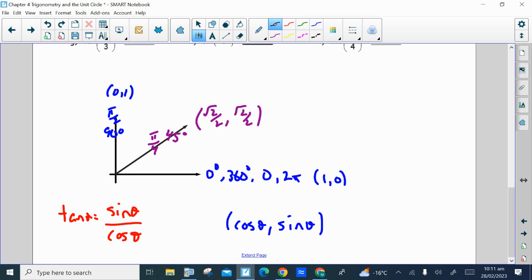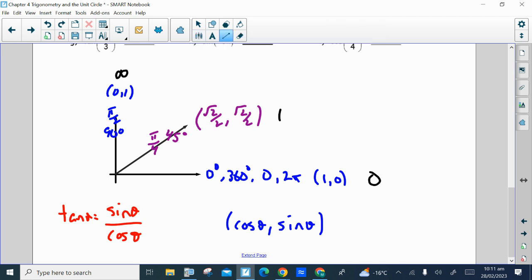So if we write the tangent in black at 0 degrees or 360 degrees or 0 radians or 2 pi radians, the tangent is sine over cos, 0 over 1, which is 0. At pi on 2 radians or 90 degrees, the tangent is 1 over 0, sine over cos, which doesn't exist, undefined. At 45 degrees or pi on 4 radians, because the cosine and the sine are the same values, when you divide them, you get 1. The tangent is 1. Right?